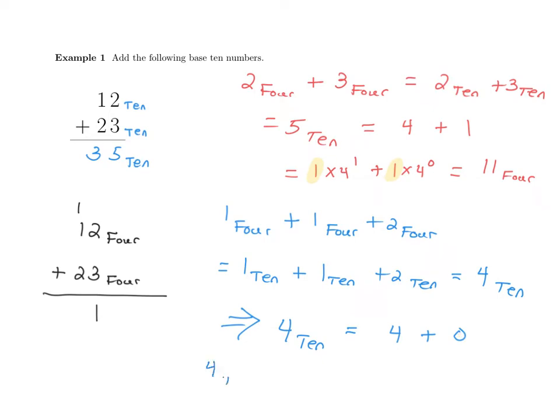So 4 base 10, it's really equal to 1 times 4 to the first, plus 0 times 4 to the 0, which is the same thing as 0. 4 base 10 is equivalent to 1, 0 base 4. And that 1 and that 0, they come from this 1 and this 0. So when you add 1, 1, and 2 in base 4, the result is going to be 1, 0, which I will put here.